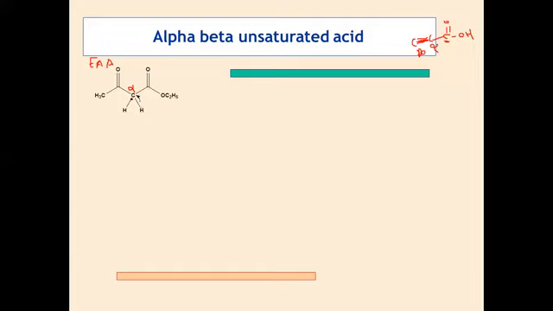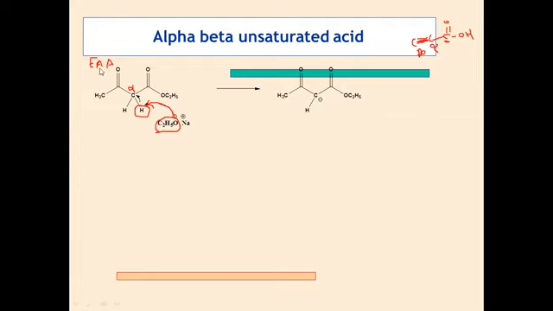The alpha carbon contains protons, and these are active methylene protons. As I have already explained, this alpha proton is abstracted by a strong base such as sodium alkoxide, C2H5O minus. This base abstracts the alpha proton and it gets converted into CH minus.